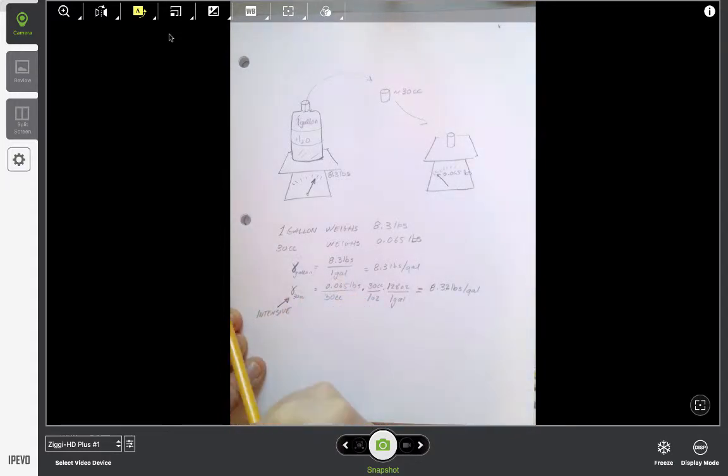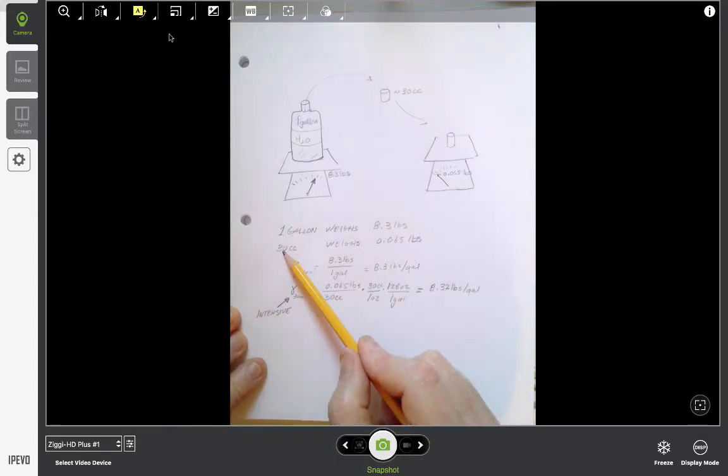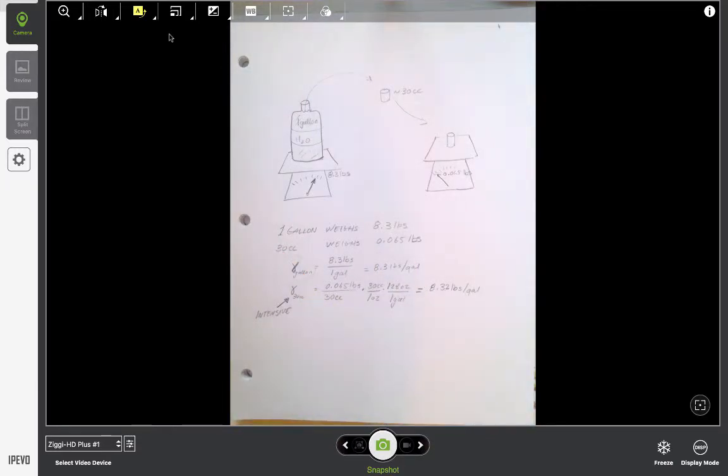The extensive property of the gallon is 8.3 pounds, and we could certainly consider the extensive property of the 30 cc's is 0.065 pounds. But when we normalize, in this case by the volume, the resulting property is called an intensive property.